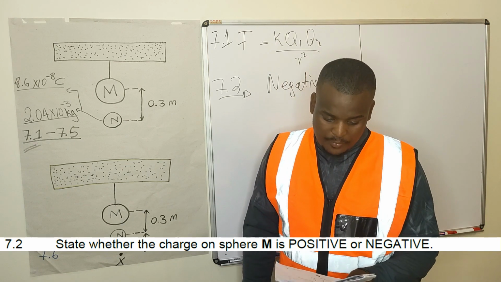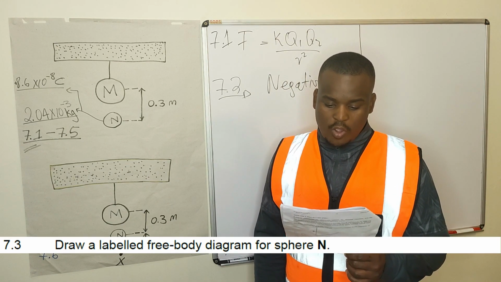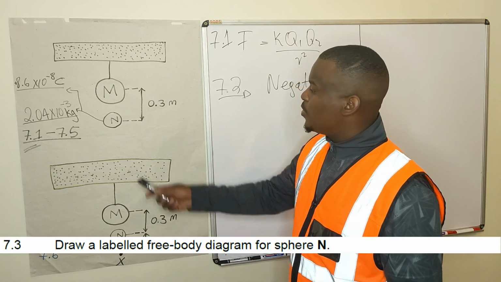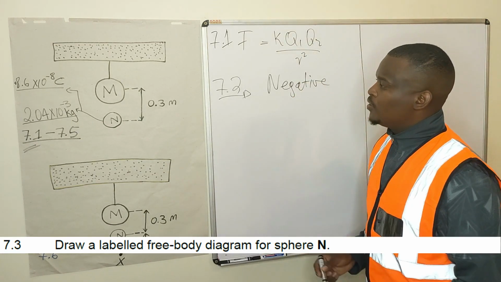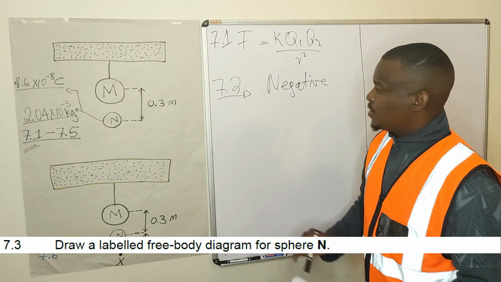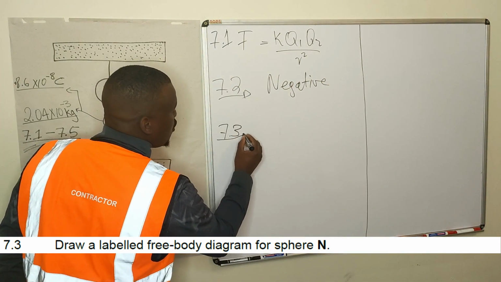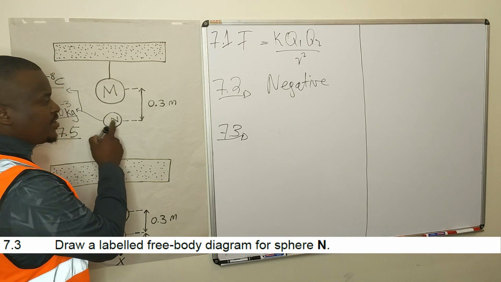Let's go. 7.3. Draw a labelled free-body diagram of sphere N. So they want us to draw a labelled free-body diagram of sphere N. As I said, we know for sure that one of the forces acting on N is gravity.